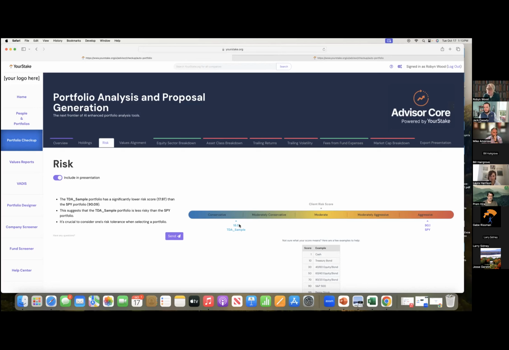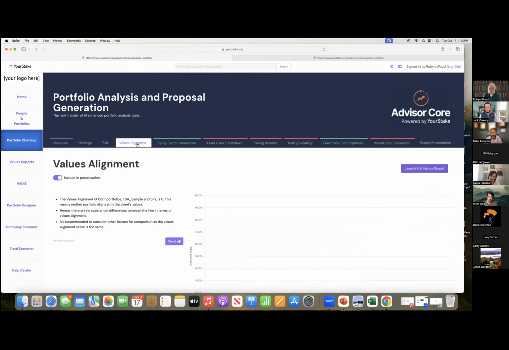So this might be a great opportunity to ask the prospect, is there a reason that you have such a high cash balance? Did you recently sell something? Because it looks like you're more of a moderate risk tolerance level.